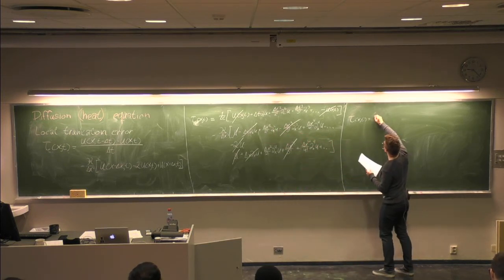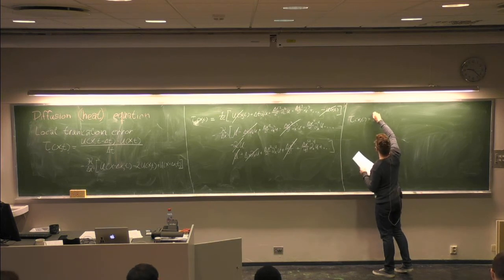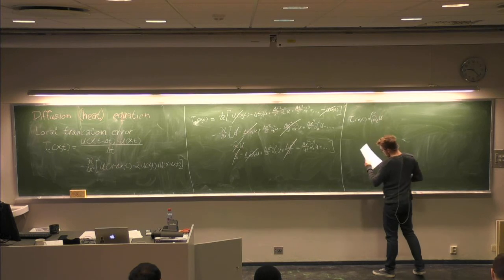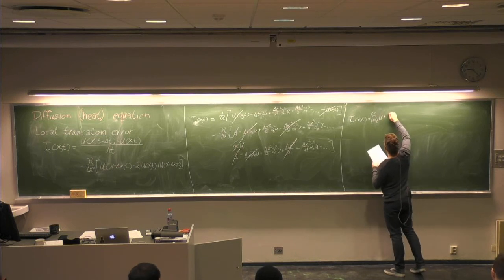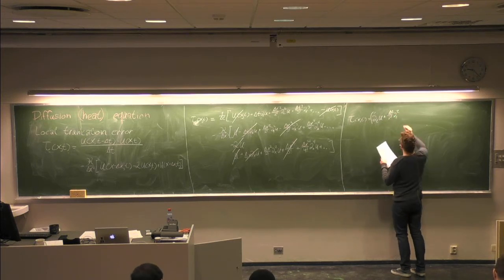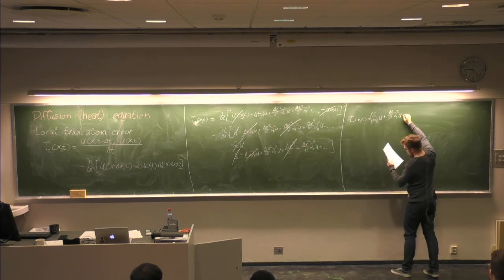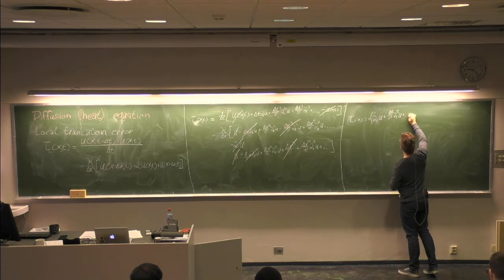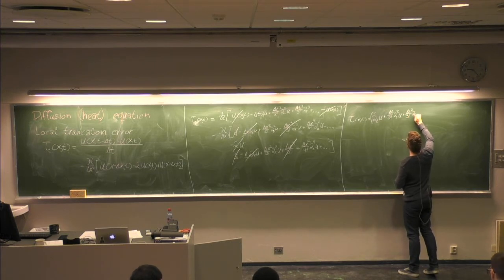So then we're stuck with dt of u plus delta t over 2 factorial twice time derivative, plus, well, I just add this one as well, dt cubed u.